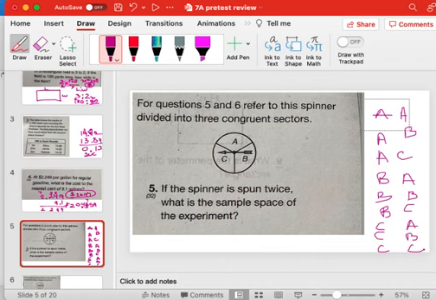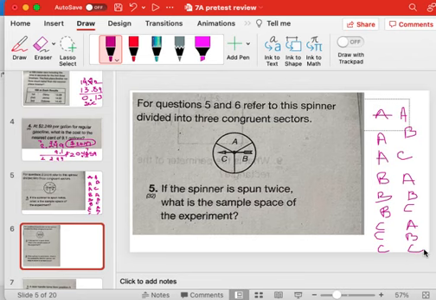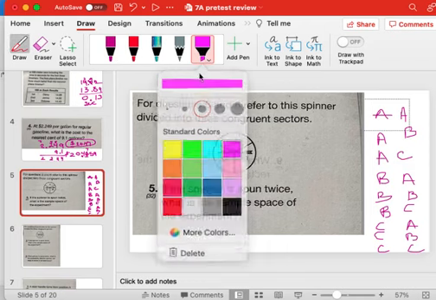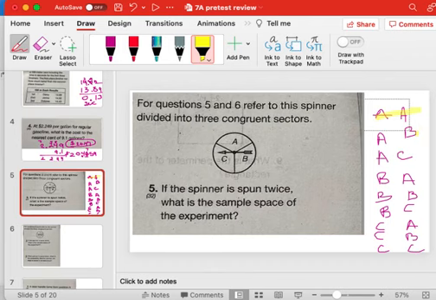All right. Okay, everybody understand? So now, the second part, number 6 says, if the spinner is spun twice, what is the probability that the spinner will stop in sector A at least once? So we're looking for every option up here that has an A in it. Okay, so let's get something like yellow here. So this one has an A, this one has an A, this one has an A. I'm highlighting, not crossing out.